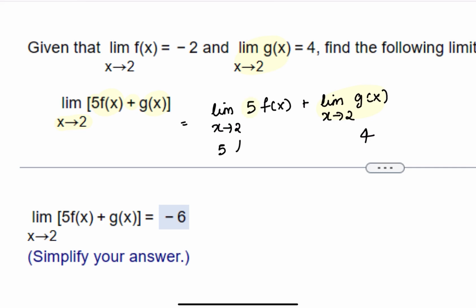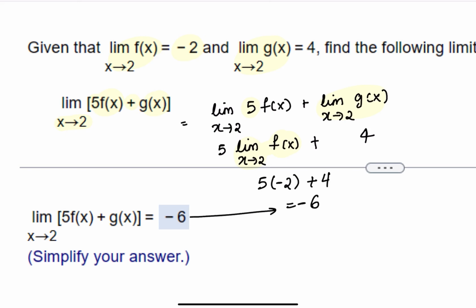So 5 limit x goes to 2 of f of x. Bring down the plus sign. And I know that limit x goes to 2 of the function f of x is -2. So this is 5 times -2 plus 4, which is -6. And you can see our answer matches.